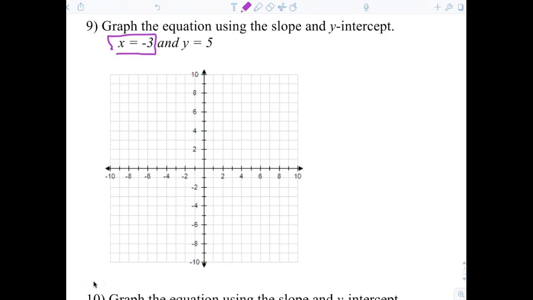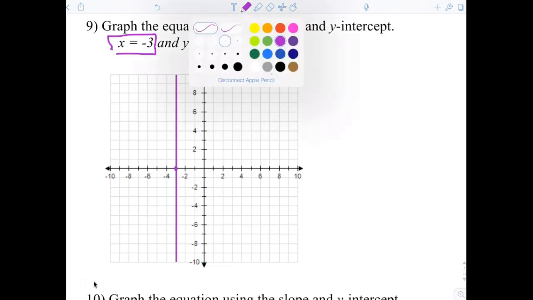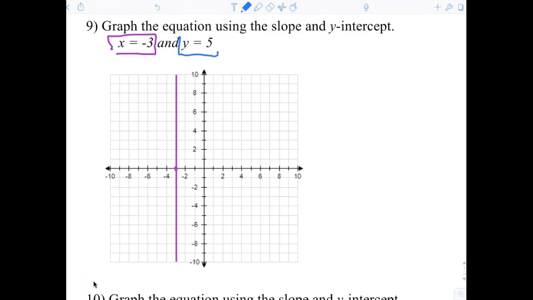At -3. So I want everybody to go to -3, plot that point, and then you're going to draw the vertical line. Is everybody with me on this? All right. Now we're going to graph y equals 5. If x equals -3 was vertical, what do you think about y equals 5? That's probably horizontal. So it's a dot at 5 going horizontal. Is everybody happy with that?